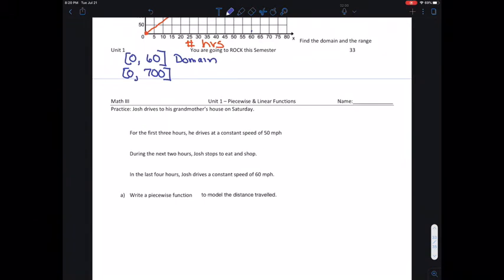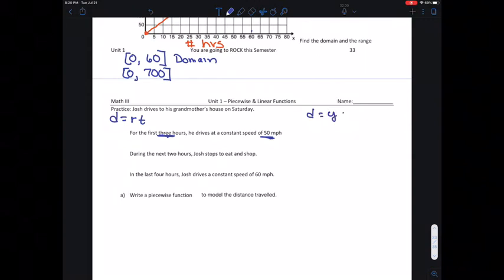Okay, so welcome back. The first thing you need to know about this is that we're going to model distance. So distance is our rate times time. So if you're traveling 50 miles per hour for 3 hours, distance is going to be our y value, and time is our x value.